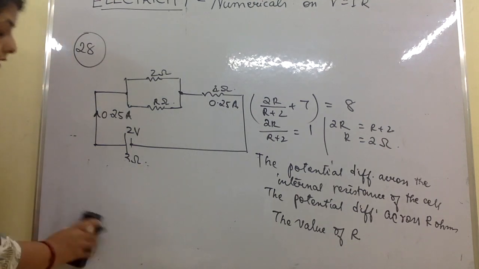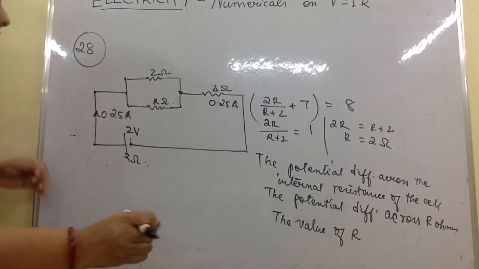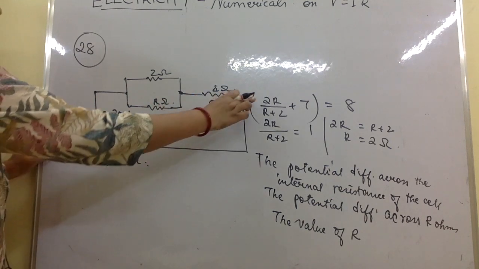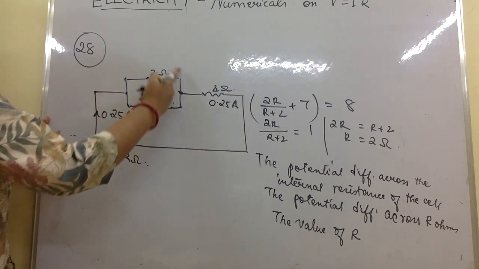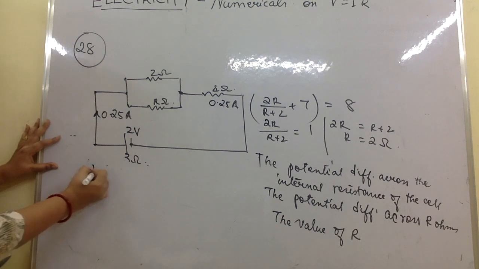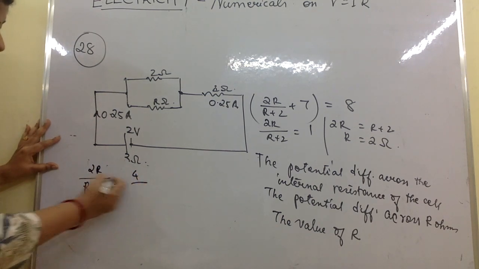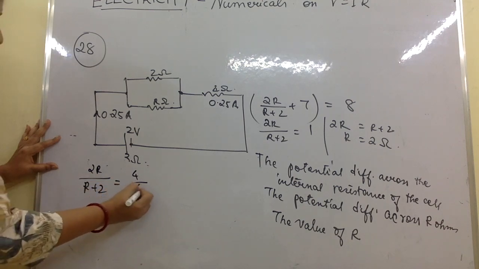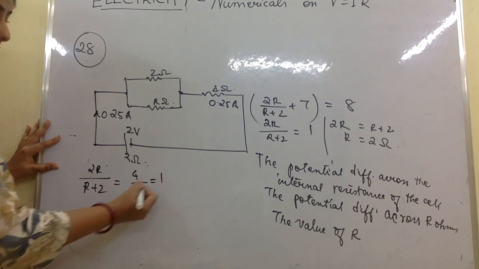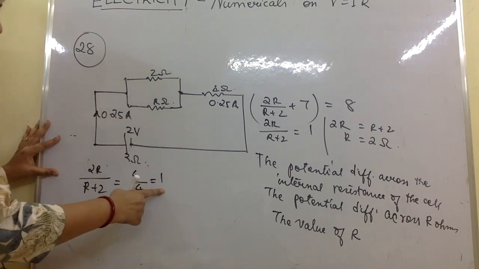Let's find that. Now here the equivalent resistance then becomes how much? First, let us find the resistance of this part of it. So 2R over R plus 2 is 4 by 4, which is 1. This becomes a 1 ohm.